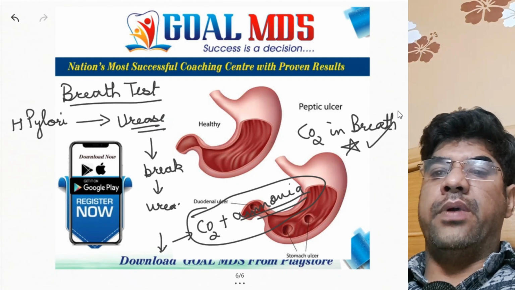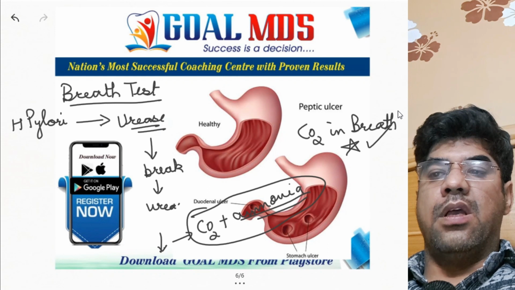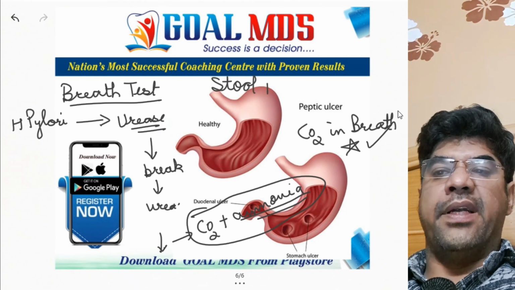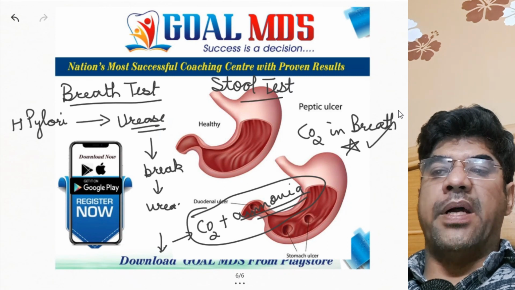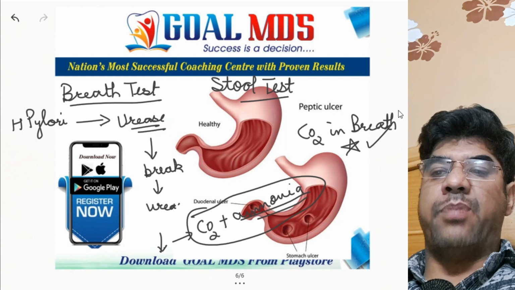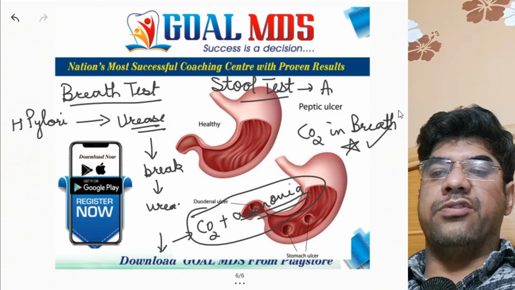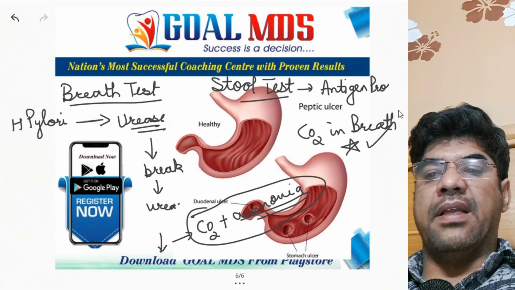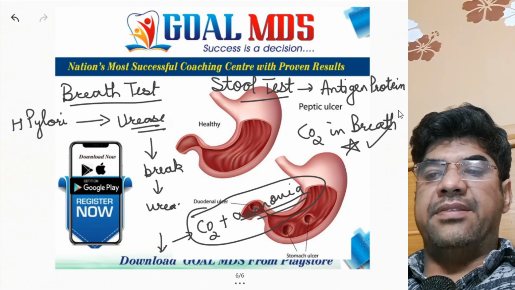Another test we can do is the H. pylori stool test, also known as the fecal antigen test. So what is this test? The test works by detecting antigens that are produced by H. pylori in the stool. A sample of stool will be collected and sent to the laboratory for analysis.